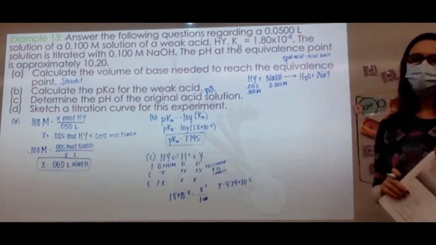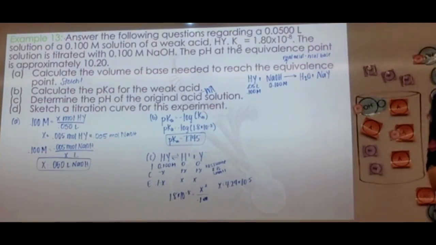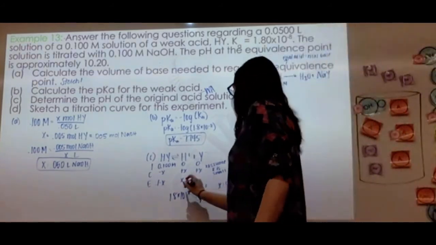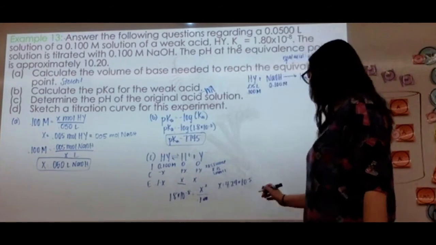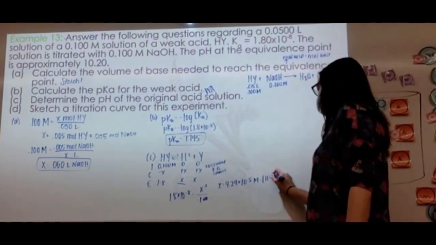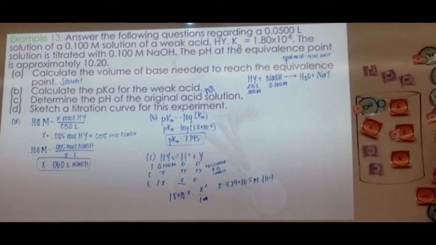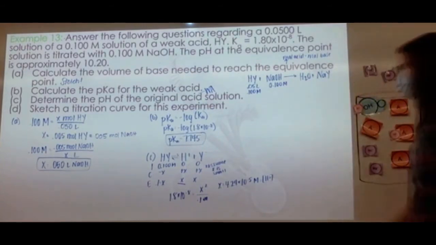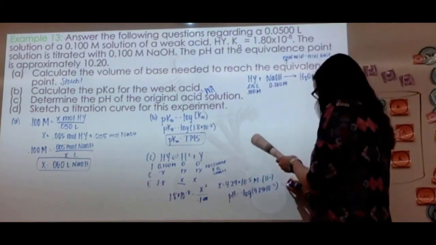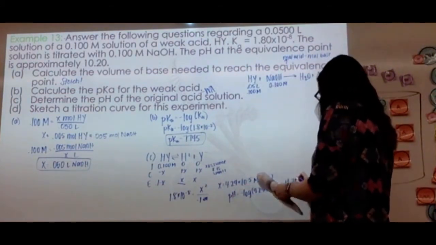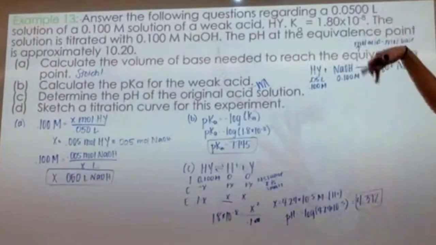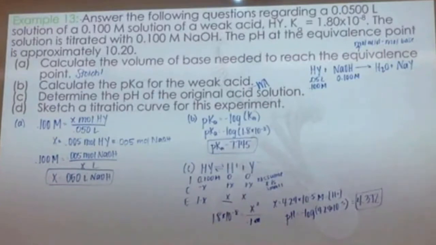Look back at your ICE table and see, what does X represent? See that X is actually H plus. That's important because now that I have H plus, how do I find pH? Take the negative log of that. Once I take the negative log, pH is 4.372.